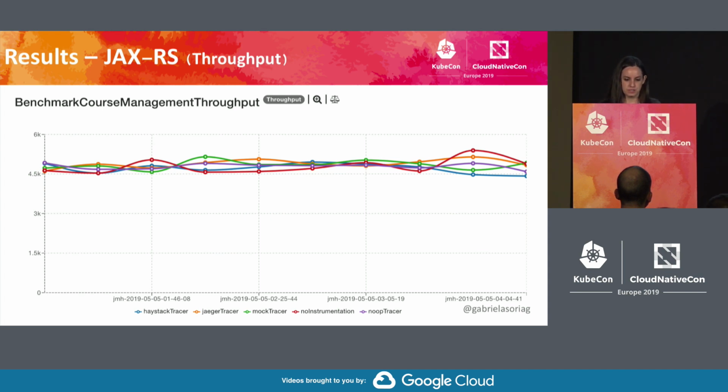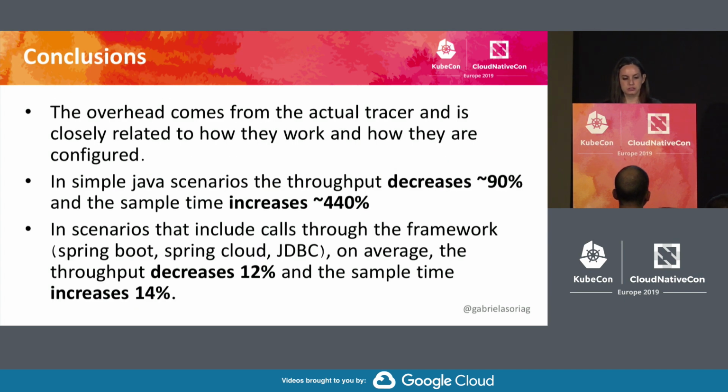So, in conclusion, the overhead comes from the actual tracer and is closely related to how they work and how they are configured. In simple Java scenarios, the throughput decreases around 90%, and the sample time increases around 4,400%.